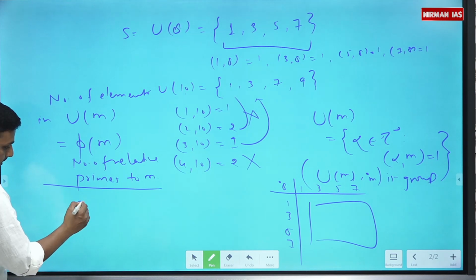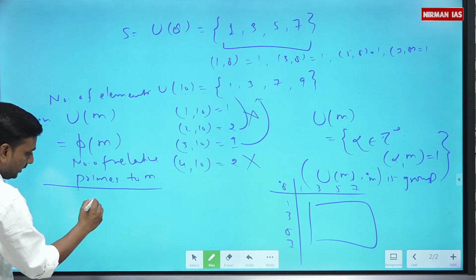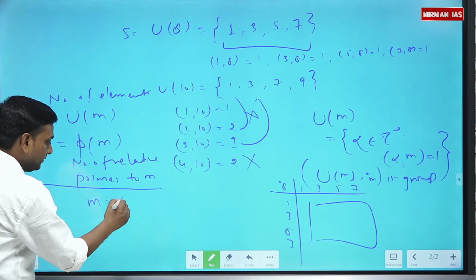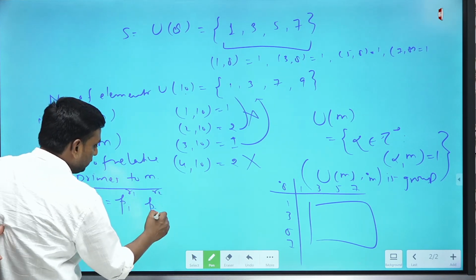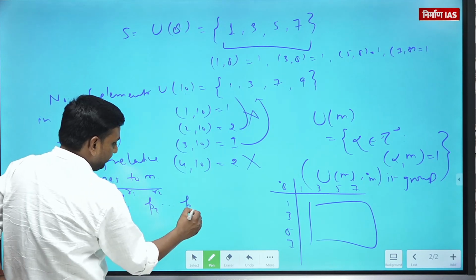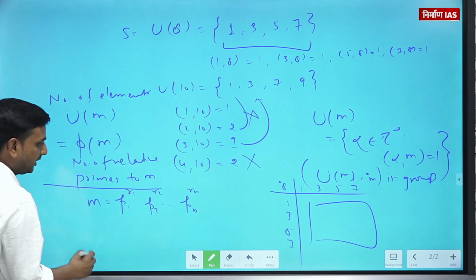Now, let's say any number is factorized as p1 raised to the power r1, p2 raised to the power r2, up to pn raised to the power rn.